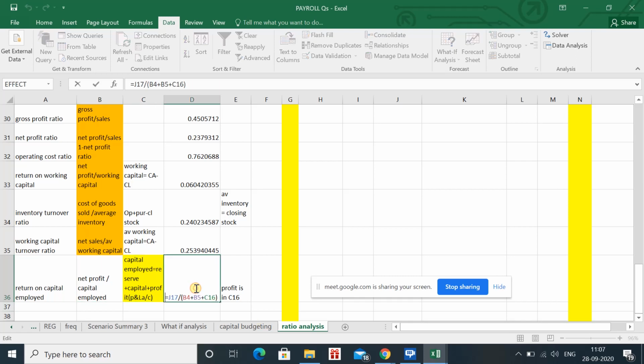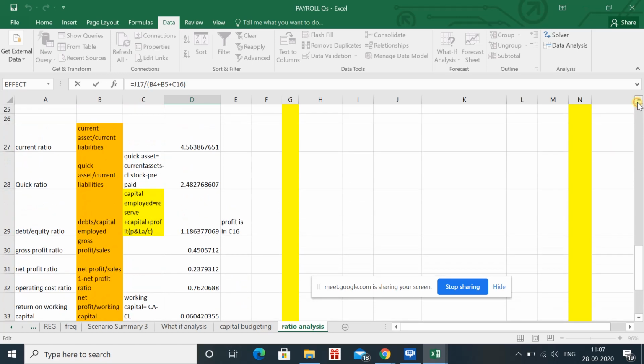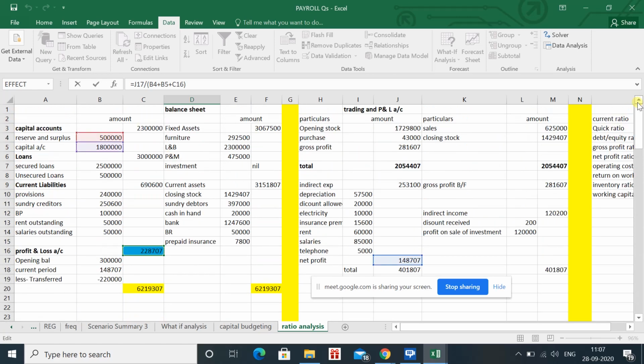So here also we are applying the formula. Net profit is J17, that is 1,48,707. Then divided by the reserve, that is given in B4.